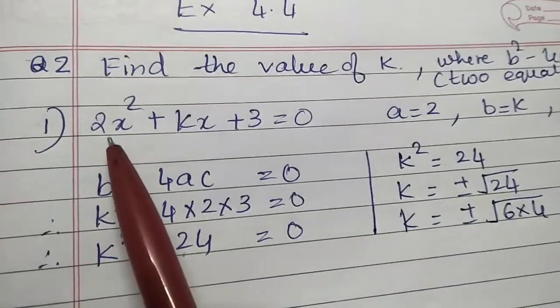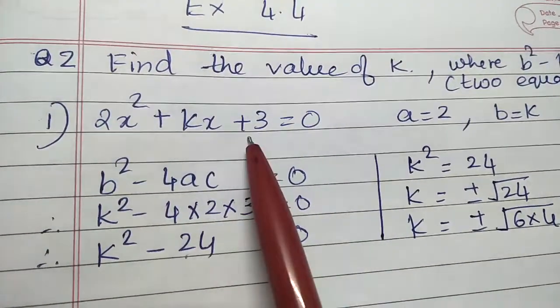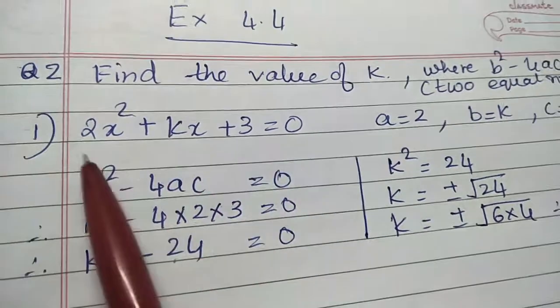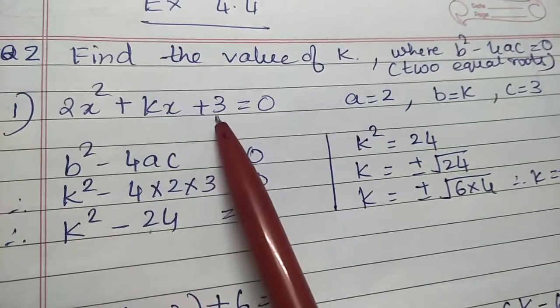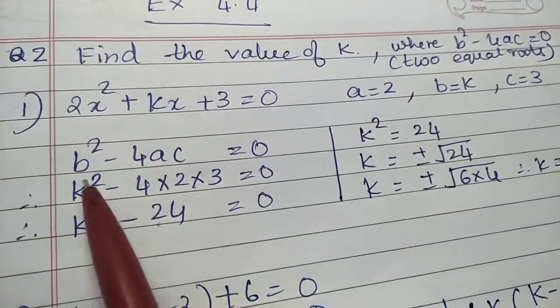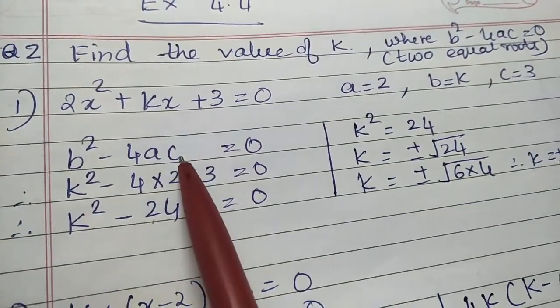If we go to the solution, the first question is 2x square plus kx plus 3 is equal to 0. So here we have got a is equal to 2, b is equal to k and c is equal to 3. First we will find out b square minus 4ac.